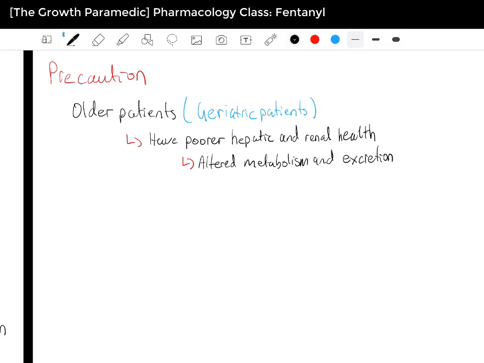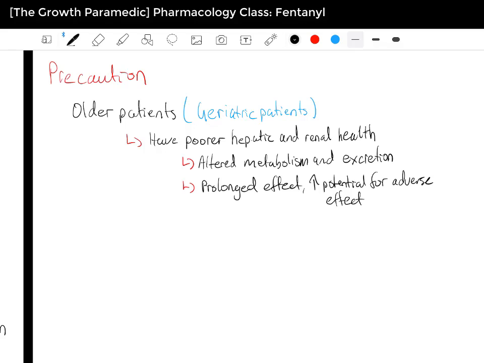So when you administer fentanyl to these patients, the medication can have a prolonged effect, so longer than you intend, and also an increased potential for adverse effects, such as respiratory depression.